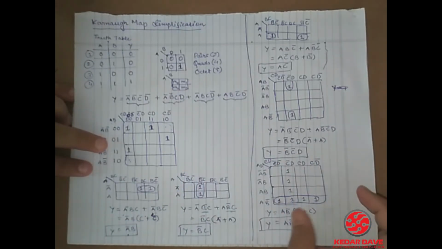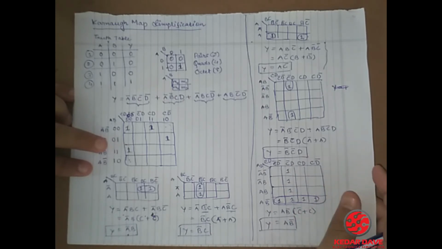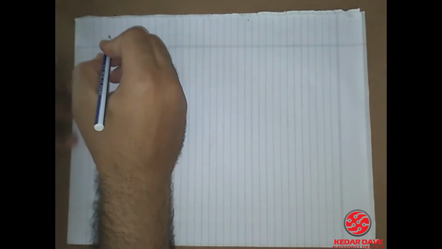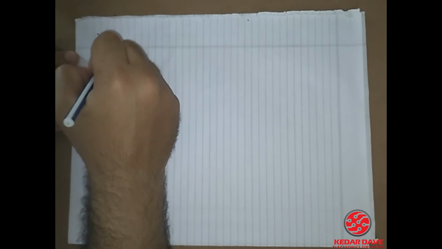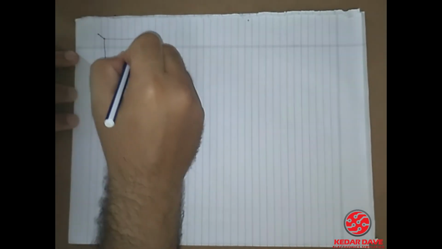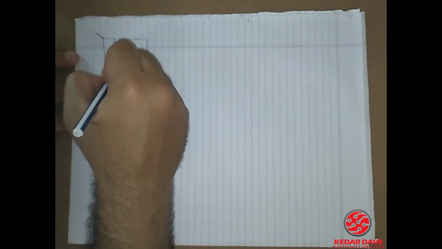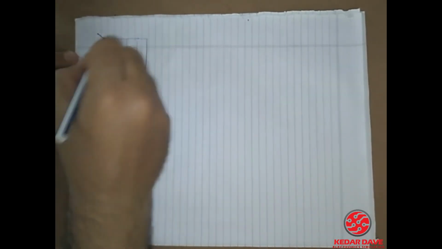So this way you need to understand. Now furthermore simplification we are doing on the next page. So let's understand that this is our four variable Karnaugh map, right?